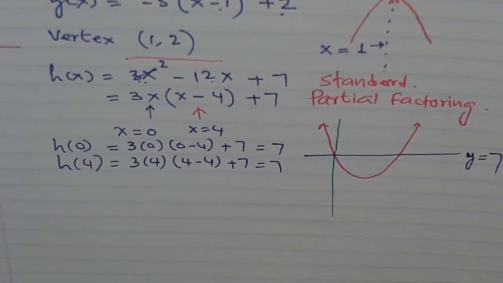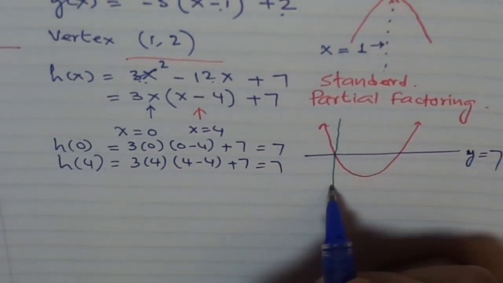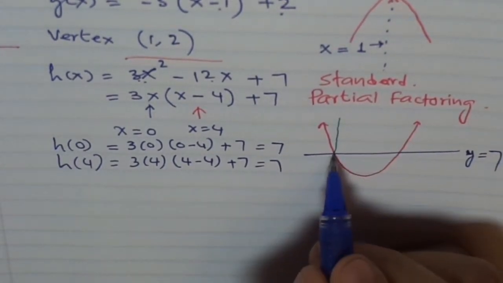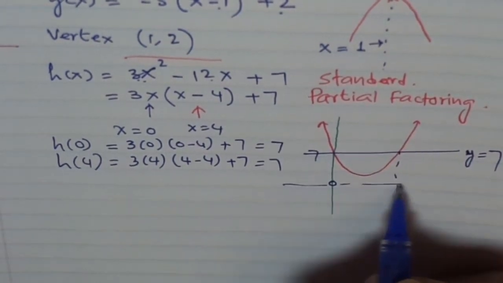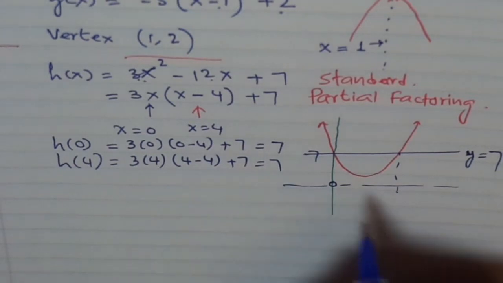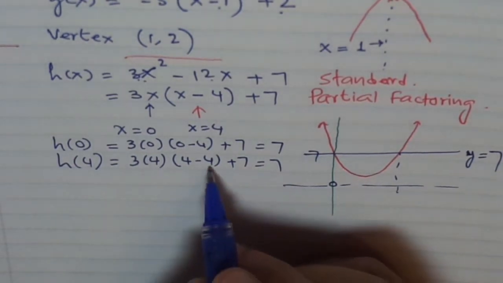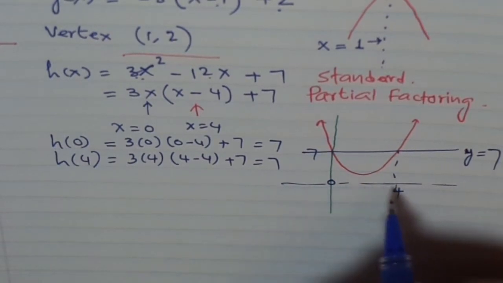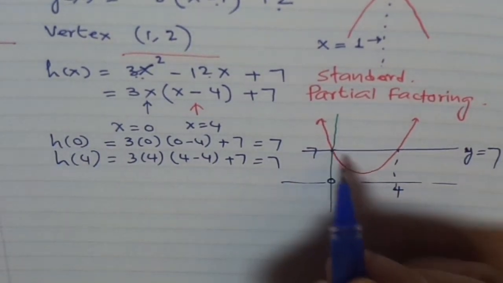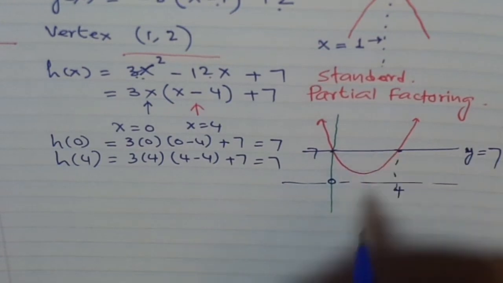So what we are trying to say here is that at x value of 0, we have this value as 7, correct? And here on the x-axis, this point is 4 on the x-axis. So we have 2 points which have the same y value.